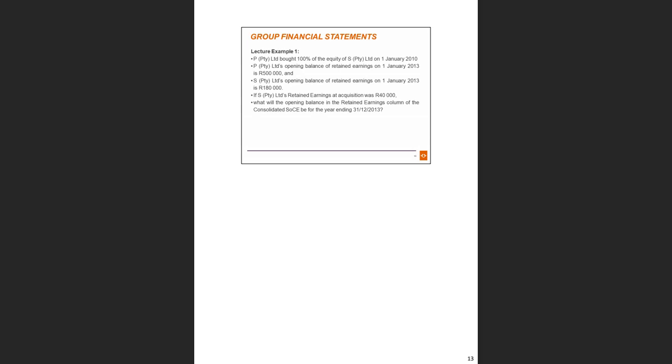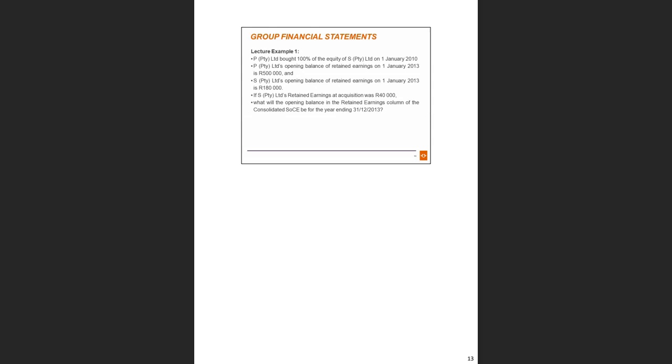So in our lecture example 1 here, it says P Pty Limited bought 100% of the equity of S Pty Limited on the 1st of January 2010. P Pty Limited's opening balance of retained earnings on the 1st of January 2013 is 500,000, and S Pty Limited's opening balance of retained earnings on the 1st of January 2013 is 180,000 Rand.